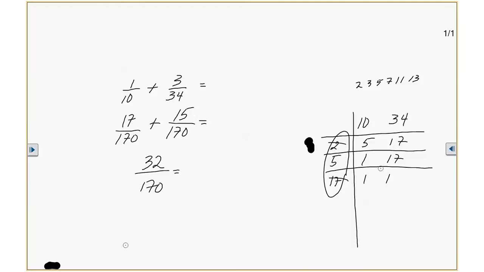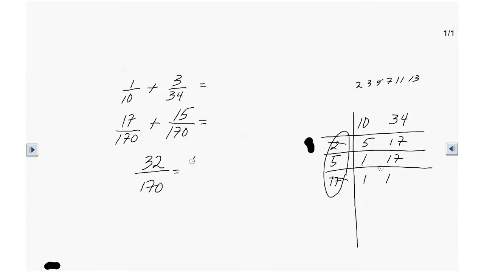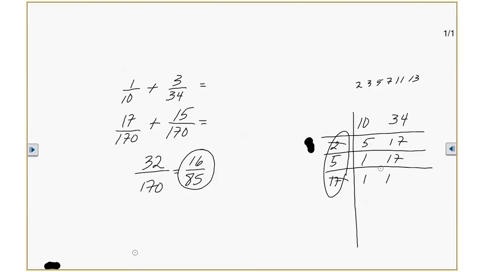I think 2 will go in there, but y'all done the math correctly. 7 and 5. Yeah. What is that? 16 over, well, I don't know. Let's see, that'd be what? 85? Yes. So 16 over 85. That's how you do fractions.